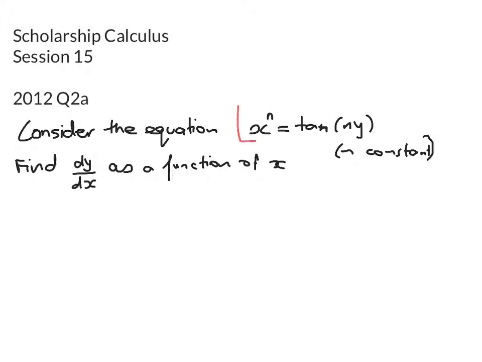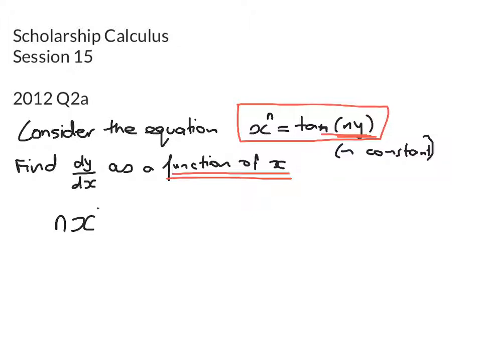So we're going to start with this equation. x to the power of n is tan of ny, and we need to find dy by dx as a function of x. Now this is a function of y, so we're obviously going to have to use implicit differentiation on it. So we're going to start by differentiating both sides with respect to x. The left hand side goes like this: n x to the power of n minus 1, that's just from level 2.